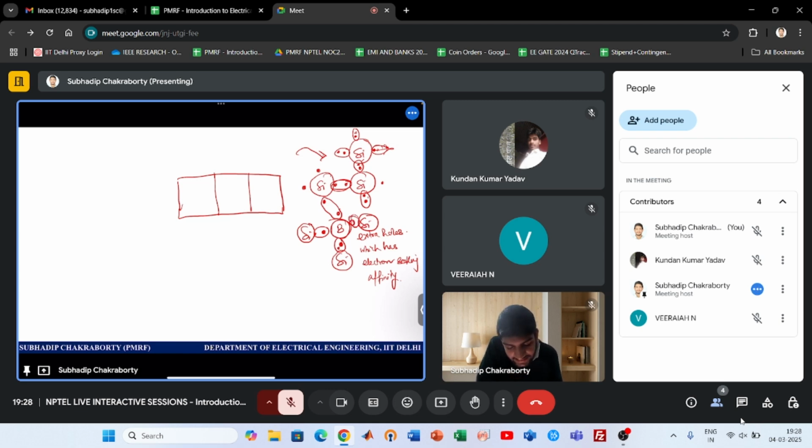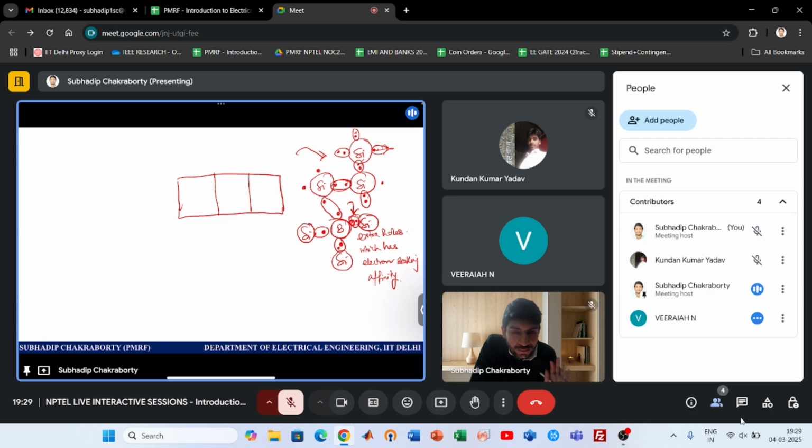So if some electron is given or it has accepted one electron from somewhere, either from an external device or somewhere externally, then this lattice will be forming another bond. It always has some electron affinity. It's like a positive charge, it seeks some negative charge. But please understand, it is electrically neutral still.